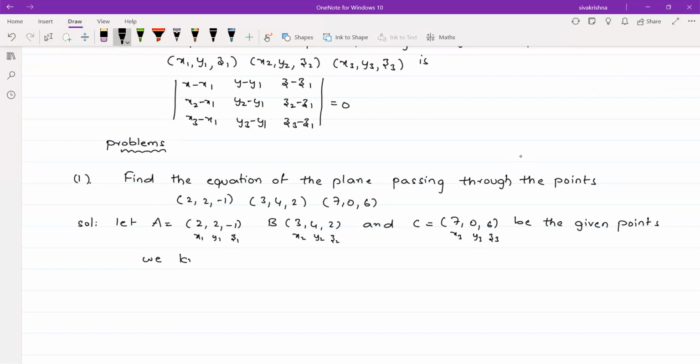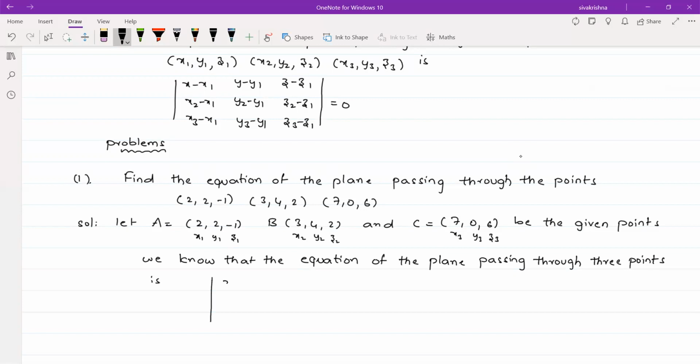So we know that the equation of the plane passing through 3 points is, so once again we have to write the formula, that is x minus x1, y minus y1, z minus z1, that is first row.